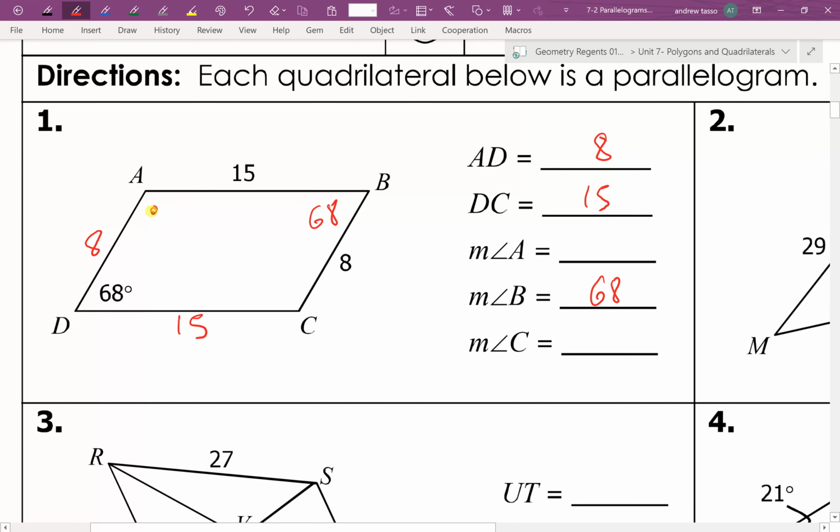And then we remember that adjacent angles are supplementary, right? So whatever angle A is, it has to add up to 180 with 68. So if I do 180 minus 68, that gives me 112, and that could go in for angle A, right? And last but not least, angle C would also have to be 112 because, once again, opposite angles are congruent. Okay?